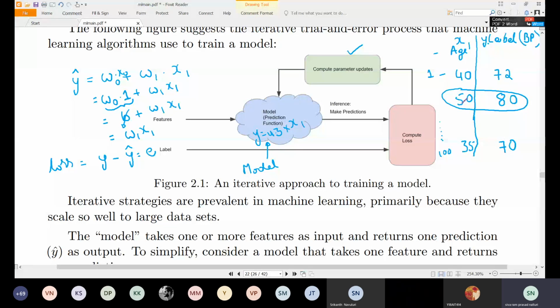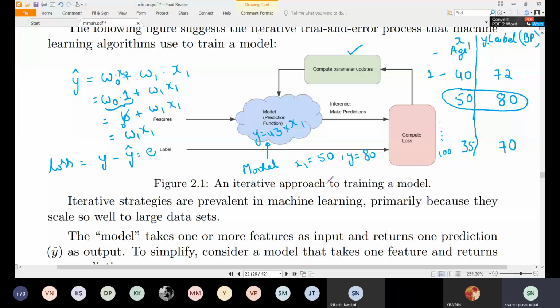Input the age of the person. Okay. So his actual blood pressure is 80. So for x1 is equal to 50, actual value is 80.